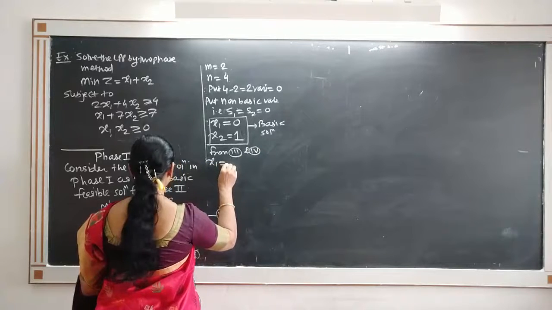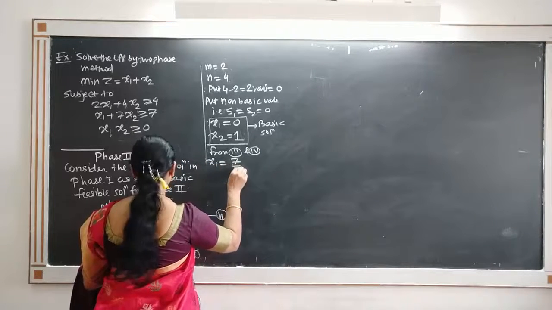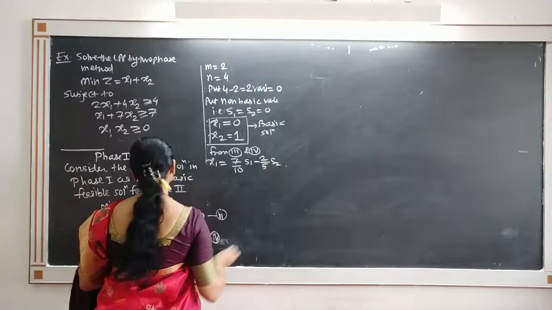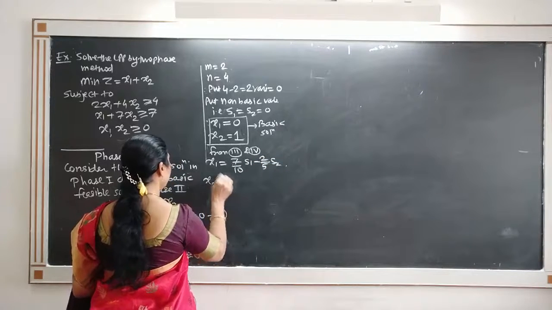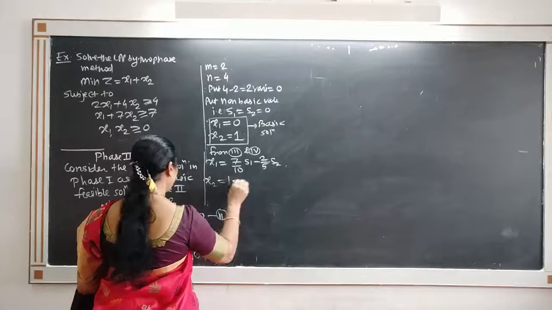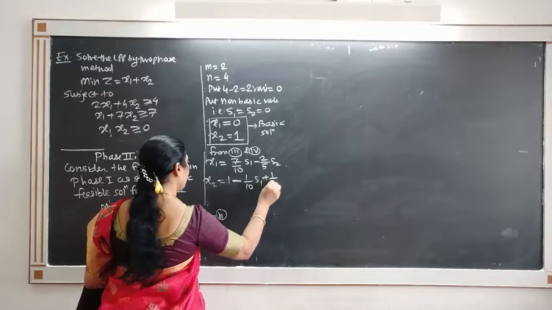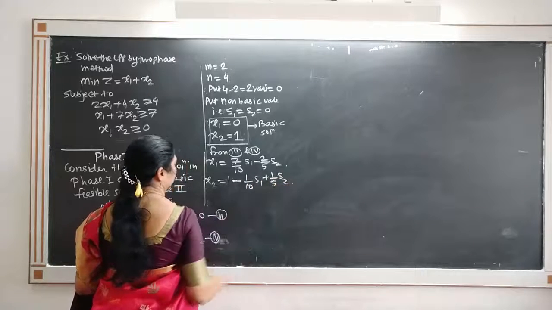x1 comes to be 7 by 10 s1 minus 2 by 5 s2, and x2 comes to be 1 minus 1 by 10 s1 plus 1 by 5 s2.